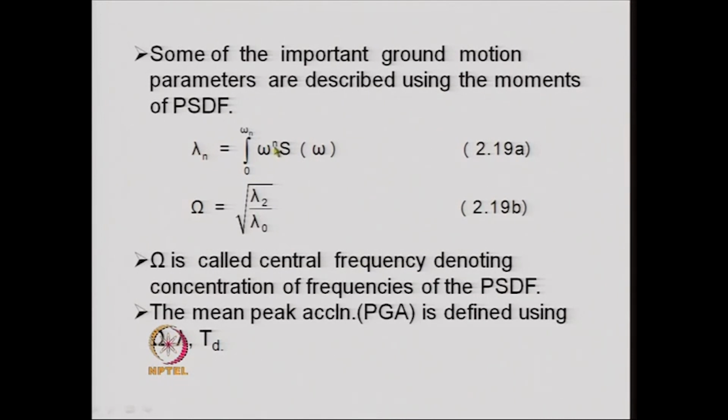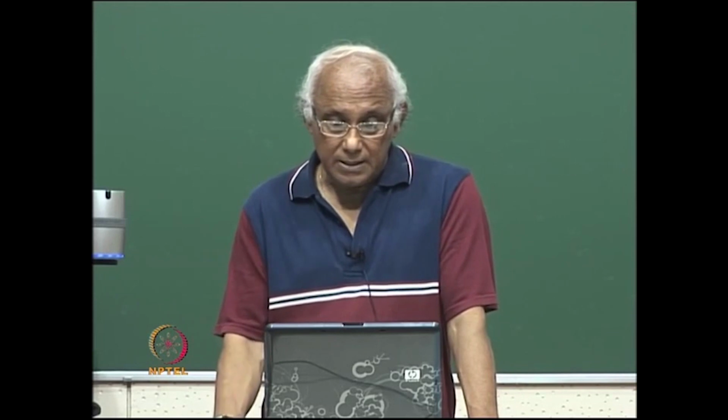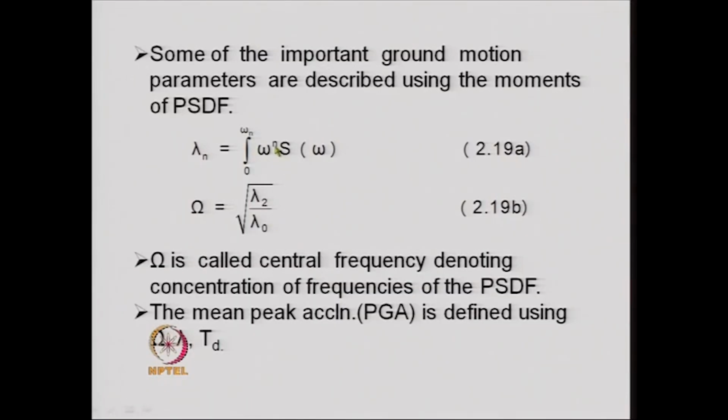Now the 0th moment means simply the area under the curve. So the 0th moment, lambda 0, is nothing but the mean square value, since the area under the power spectral density function curve is the mean square value. The second moment will be omega square multiplied by S omega, integrated from 0 to omega n.